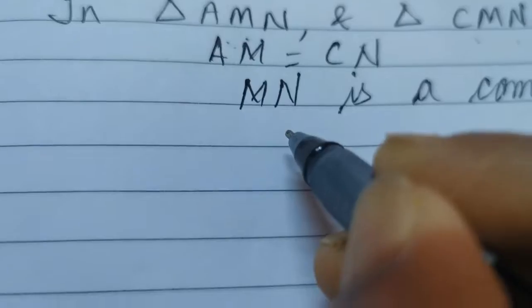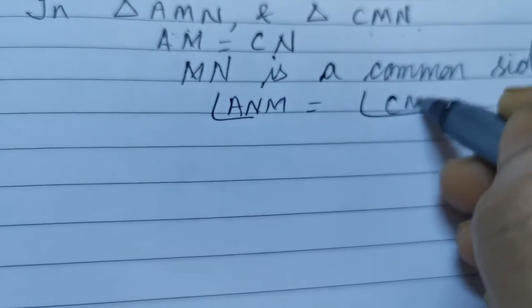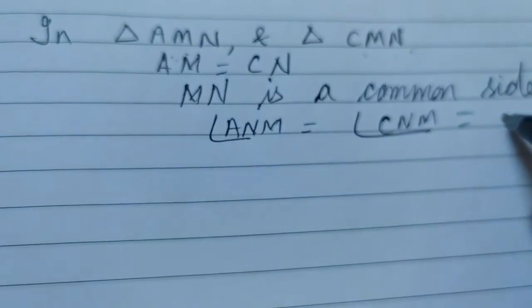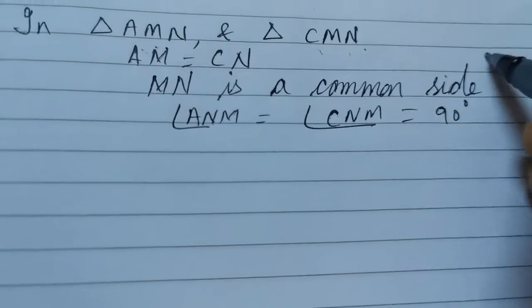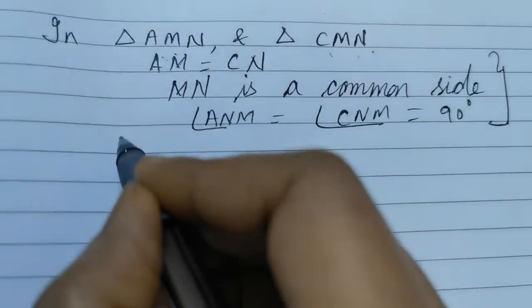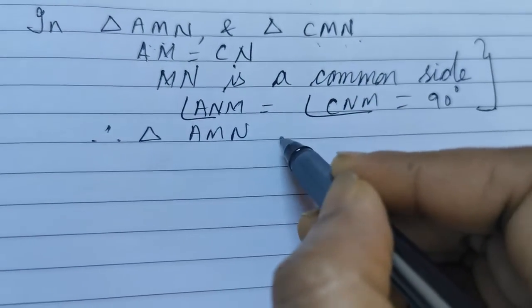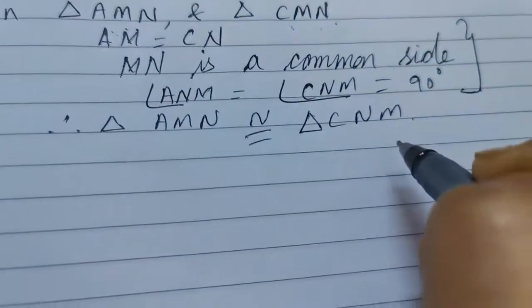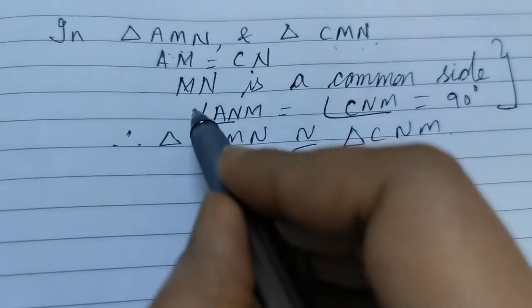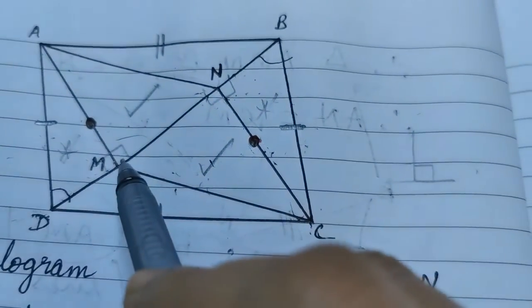So three properties are same. Therefore these two triangles AMN and CNM are congruent. Now when the triangles are congruent, the sides opposite to equal angles are equal.